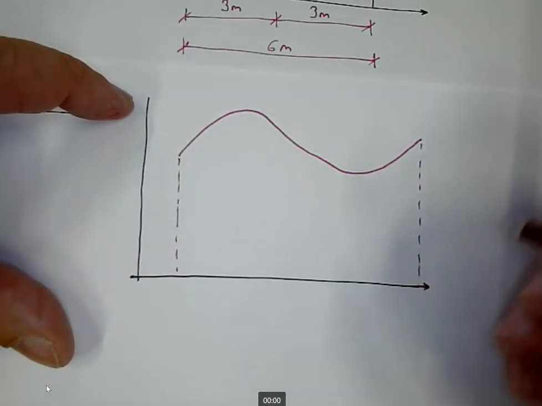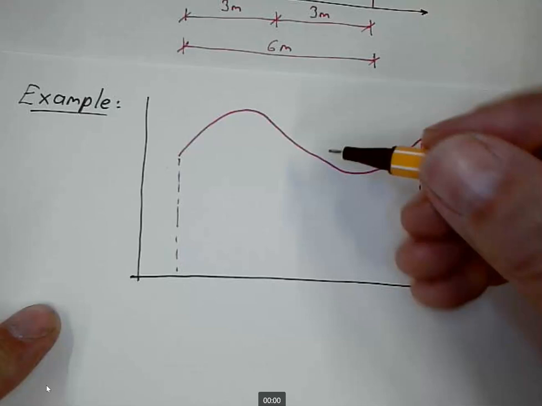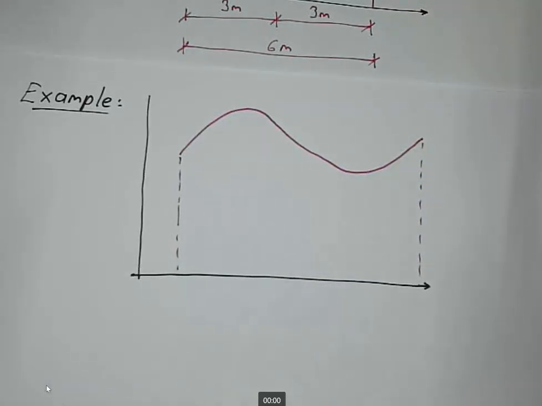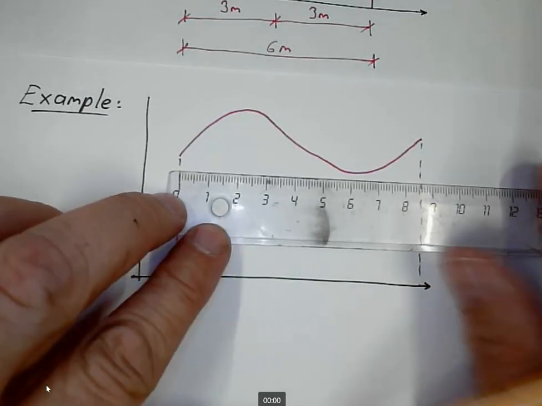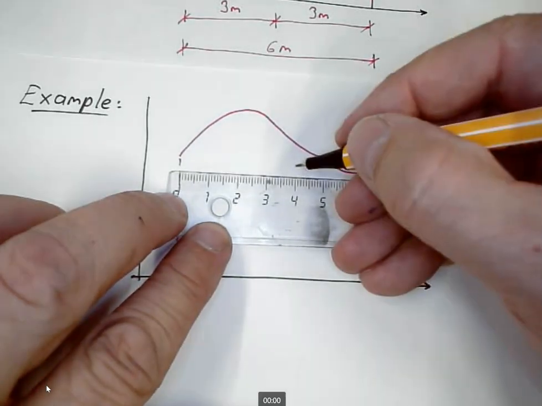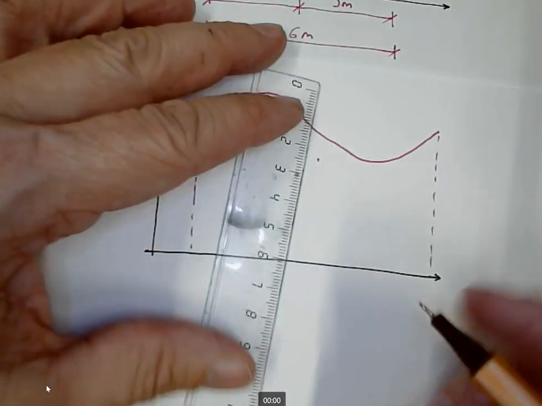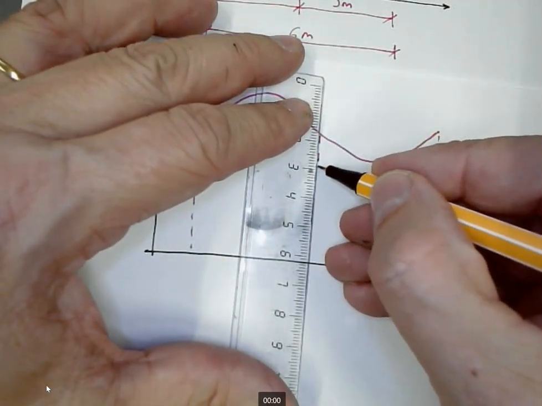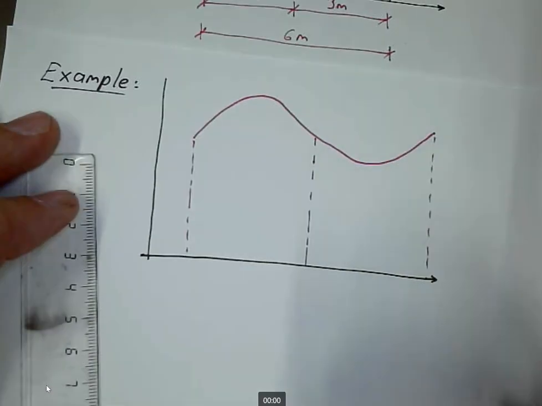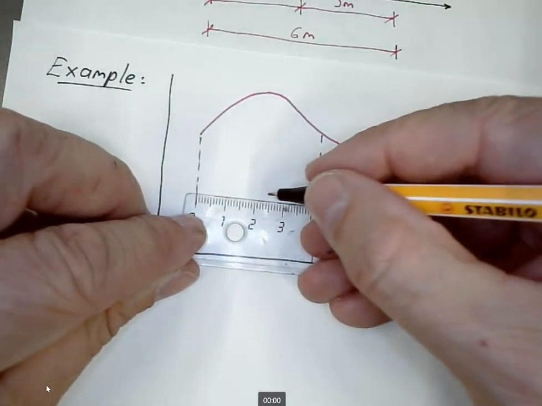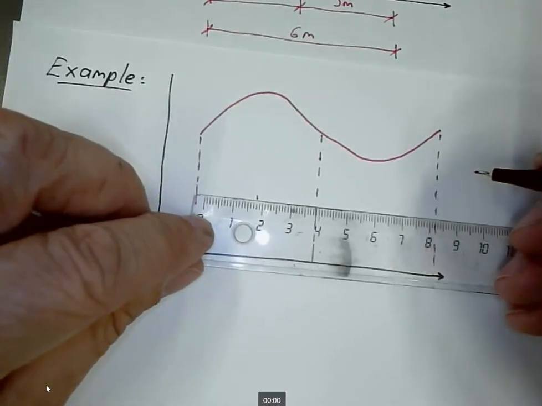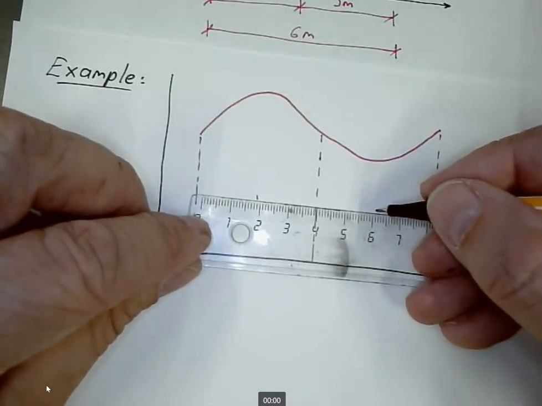I use my ruler to get a more exact picture. So now I have divided it into 2 parts, and I divided both of these parts also into 2, somewhere here.